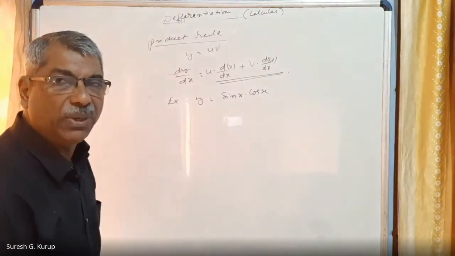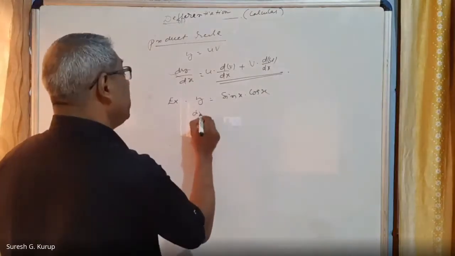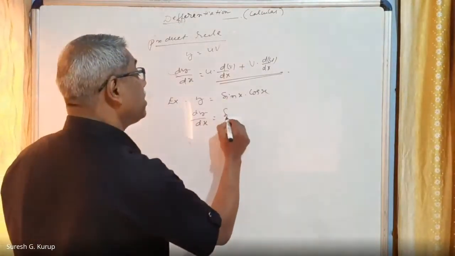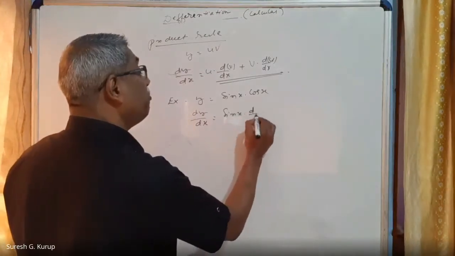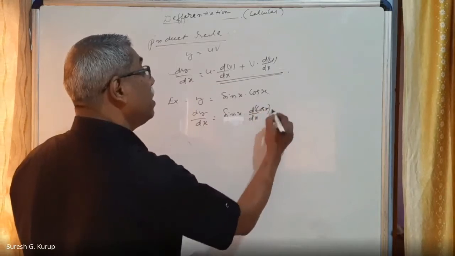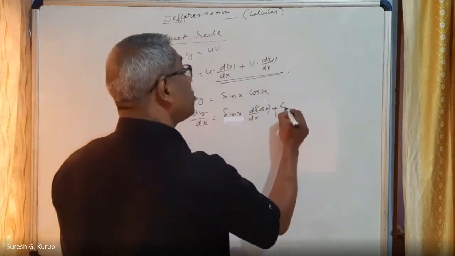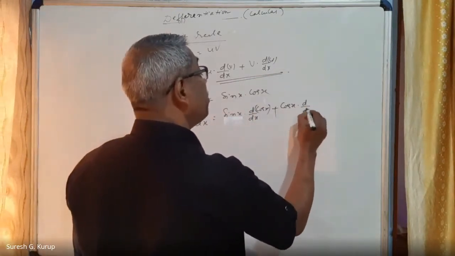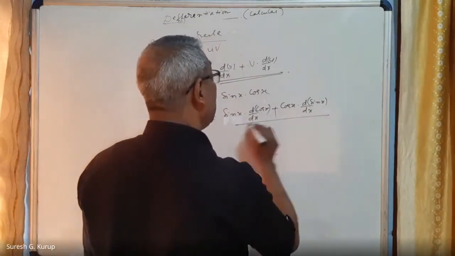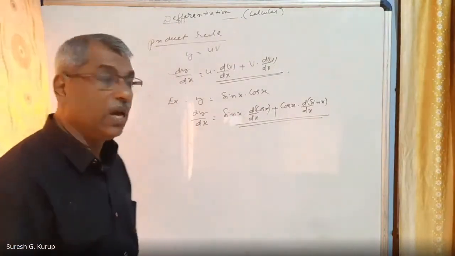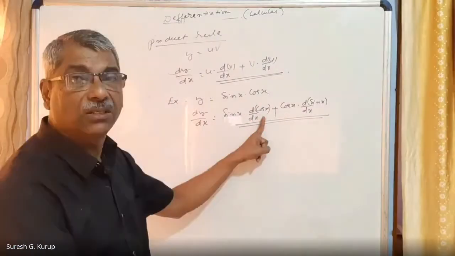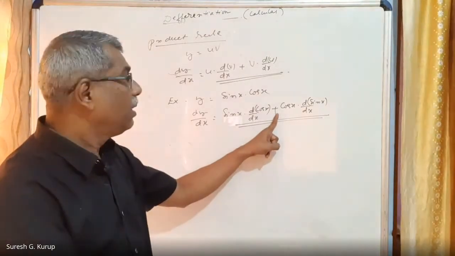Then how can this be differentiated? Therefore, dy by dx is equal to the first quantity, that is sin x, into differential of the second quantity, that is cos x, plus the second quantity, that is cos x, into differential of the first quantity, that is sin x. This is what you call the differential quotient of this function. First quantity into differential of the second, plus, right?